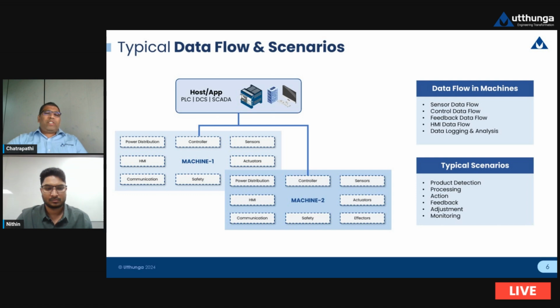The controller itself, when it receives this input data, makes decisions based on pre-programmed logic, and based on that it generates commands that need to be sent to the actuators to perform specific tasks, such as moving a product or sealing a package, and so on.